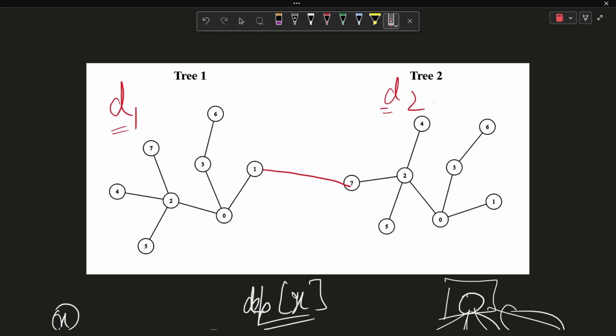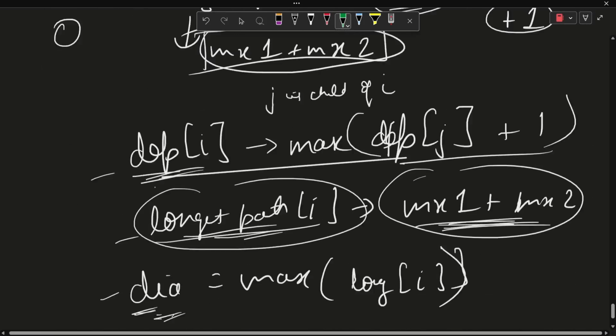Now how can we compute this? Let's say I'm connecting this node and this node. What would my maximum path between the two trees be? Let's try to understand it like this.